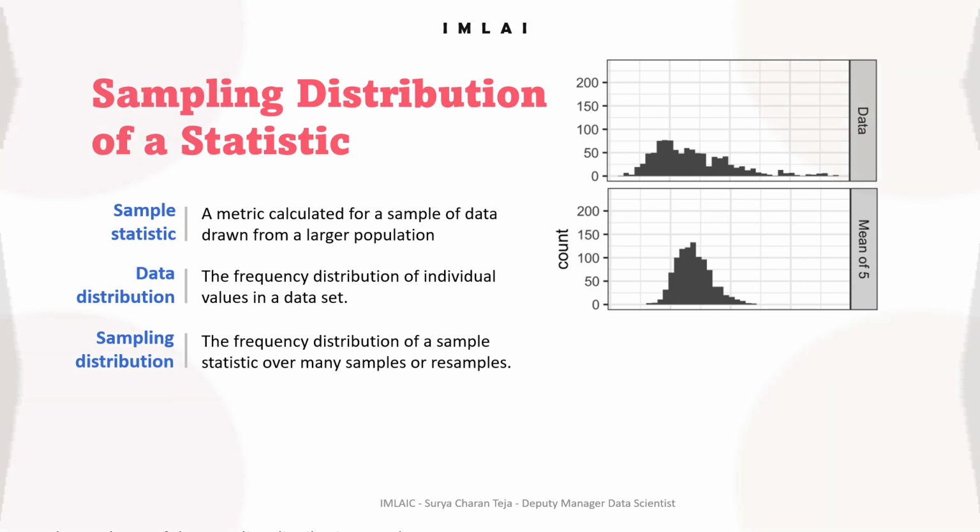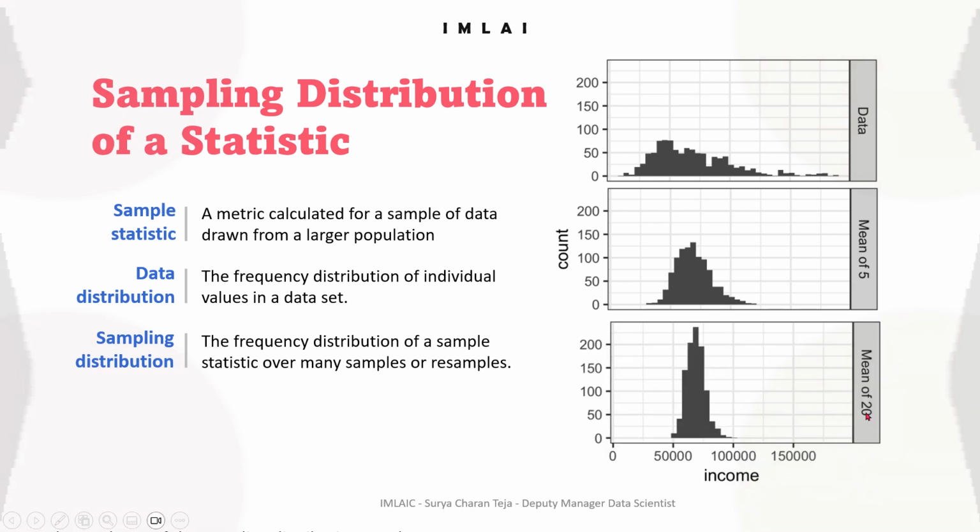So if that sample size is 5, and here if the sample size is 20, this would be the condition. So that's what our data, sample statistic and sampling distribution are. These are the two very important terms you should understand.